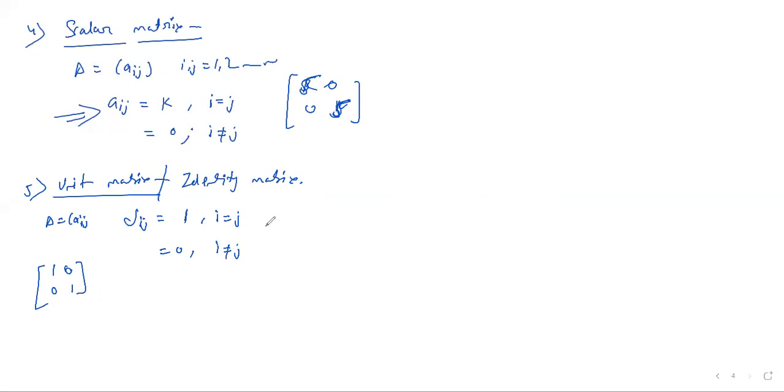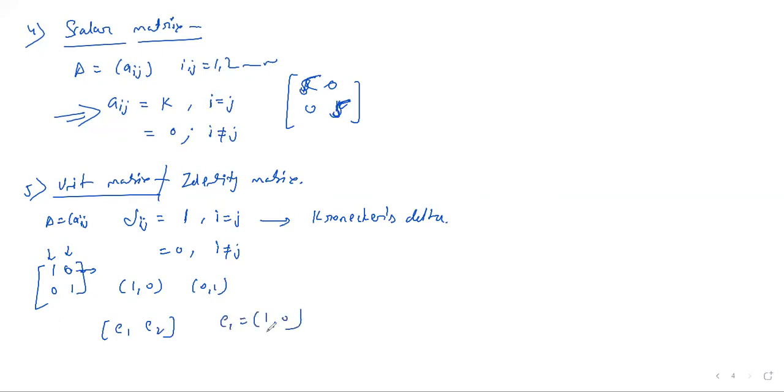This delta ij is said to be the Kronecker delta. If you look at it, I have 1 0 and 0 1. The columns of these are 1 0 and 0 1. So I can write this matrix as E1, E2, because that's how we have defined the Ei's: E1 is (1, 0) and E2 is (0, 1).